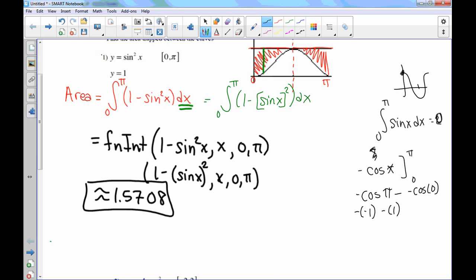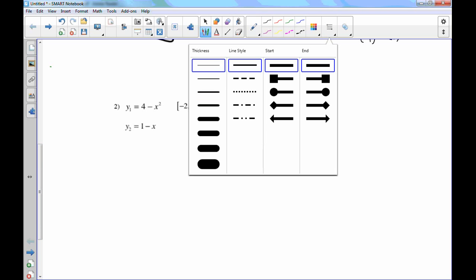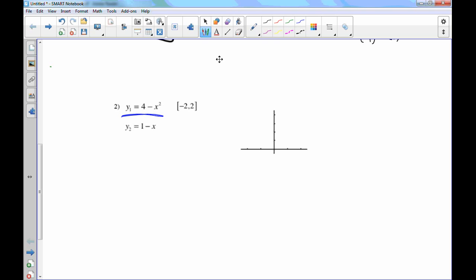Now the next one, for sure you can do without a calculator. You should know what both of these graphs look like. This graph has an x squared, the highest power, so it's quadratic. Notice the negative. If I rewrote this, it'd be negative x squared plus 4. So it should be a concave down parabola with a vertical shift at 4.